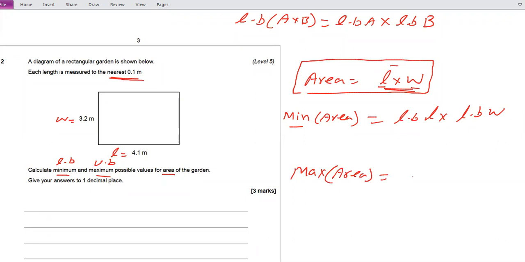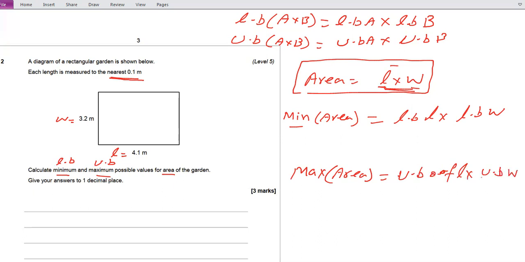So for the maximum, I will use this formula: upper bound of A multiply B is the upper bound of A multiply the upper bound of B. So in this case, I have L and W. So I will write upper bound of L multiply upper bound of W. So use these formulae. It means you need both upper bound and lower bound for length and width. So first I will find upper bound and lower bound for L.